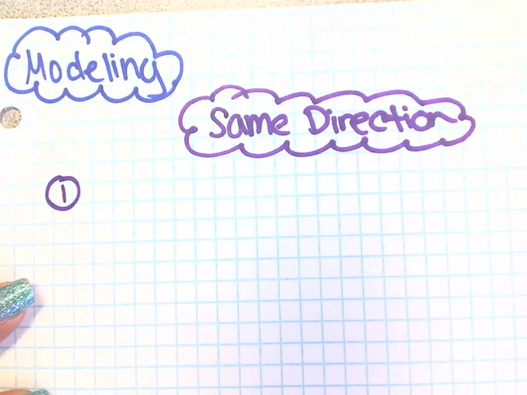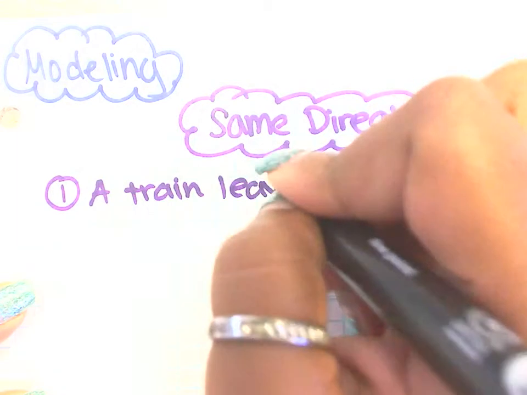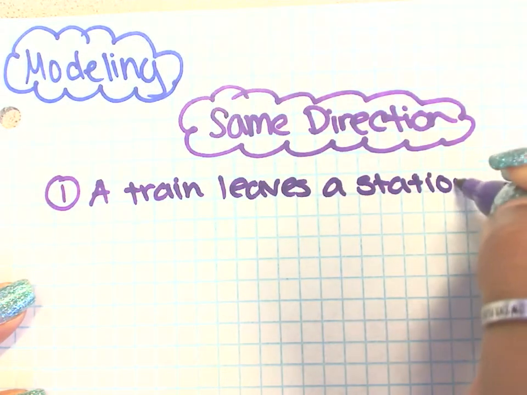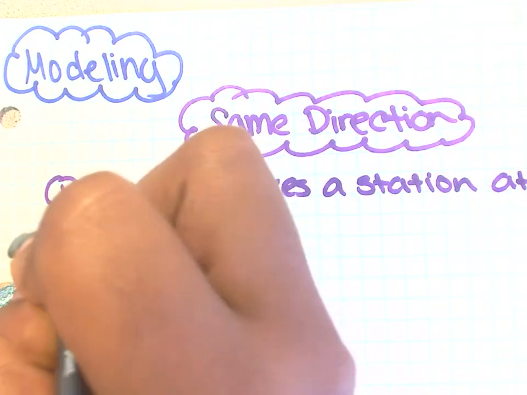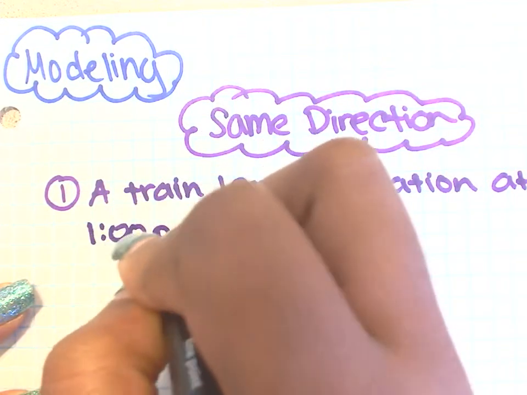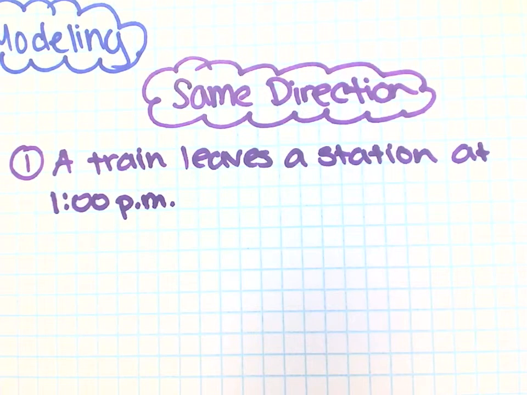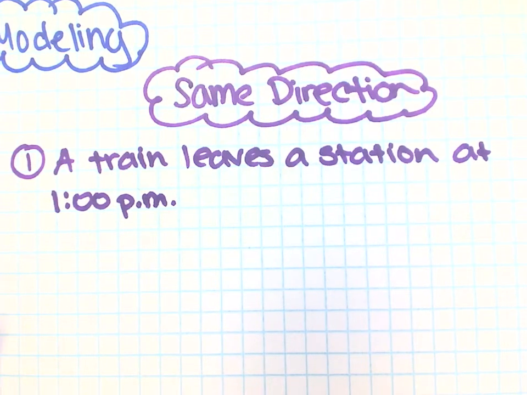Number one. A train leaves the station at 1 p.m. Write it down. A train leaves a station at 1 p.m. Now you'll want to take good notes today because some of these problems might be super similar to ones in the homework problem. I'm just putting that.